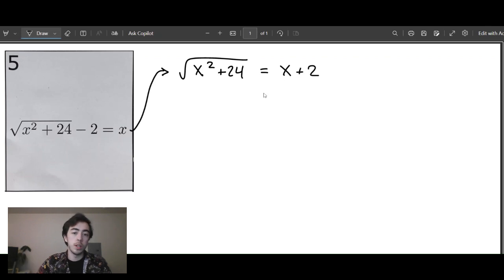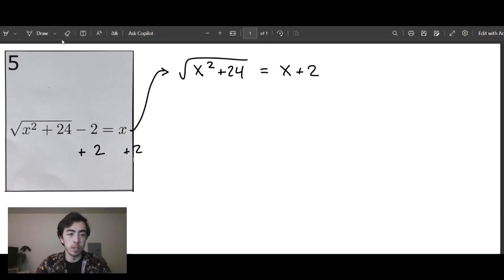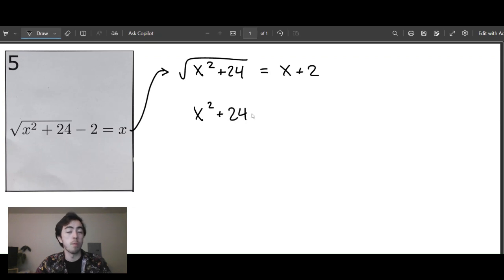So this equation that I have is different, but the equality is the same. I know that these two things are still equal. I know that I'm allowed to add 2 to both sides of an equation, and it's still going to be equal to each other. Now is a great time, I think, to square it. Like I said, the opposite of square rooting is just squaring, and those two operations should cancel out with each other.